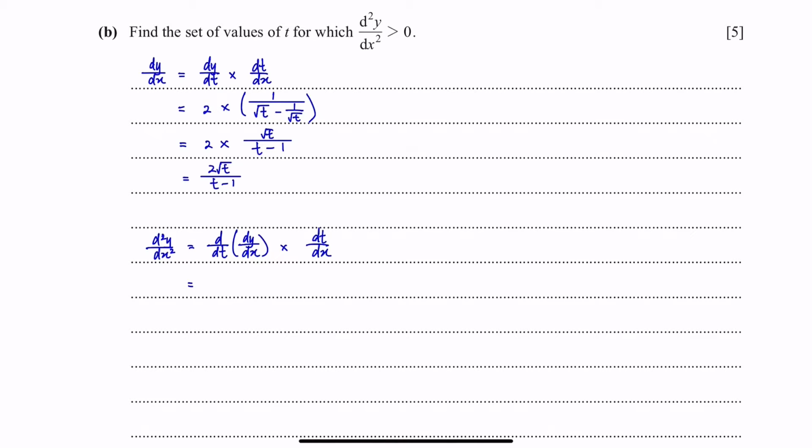So you differentiate this again, and you will get, using the quotient rule, (t minus 1) times t to the negative half, minus 2 root t over (t minus 1) squared, times root t over t minus 1.